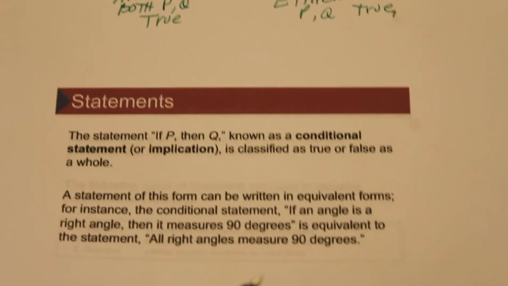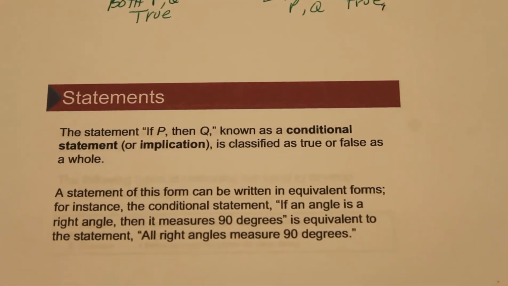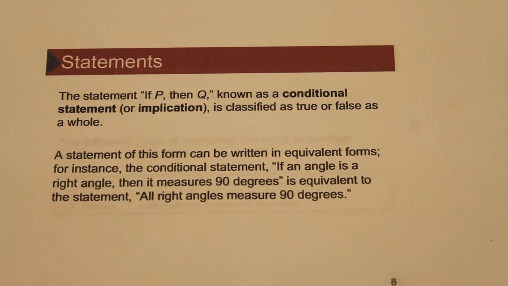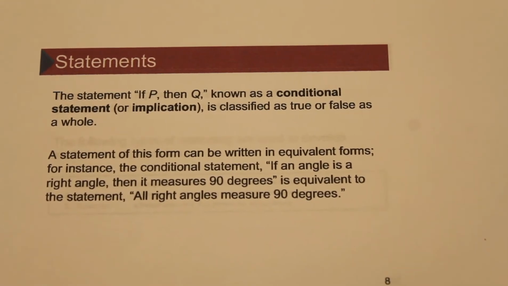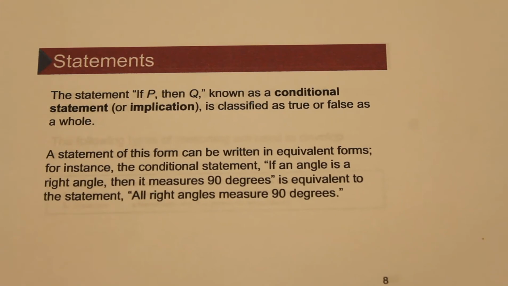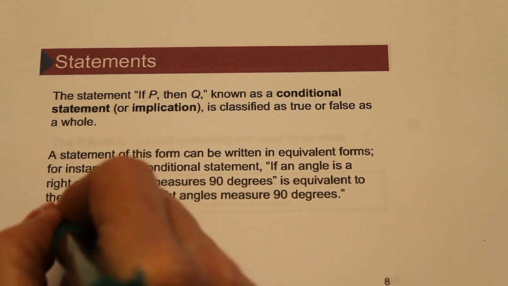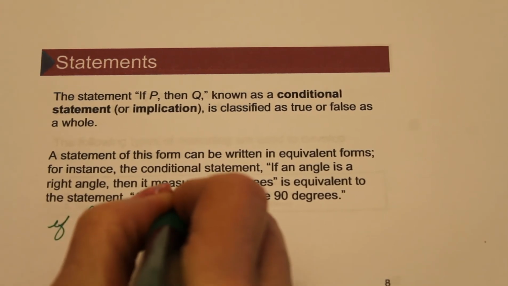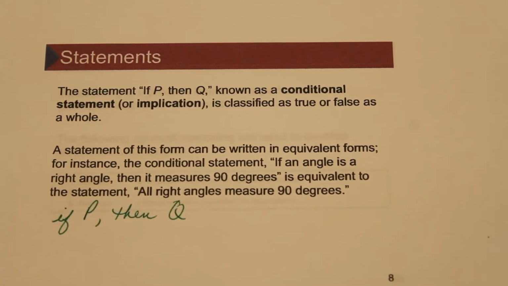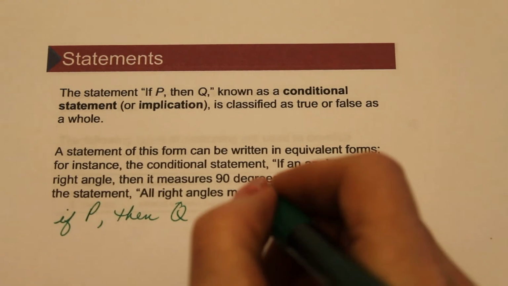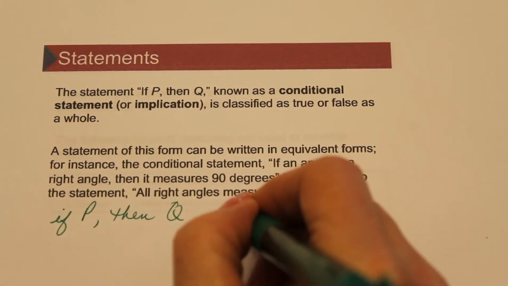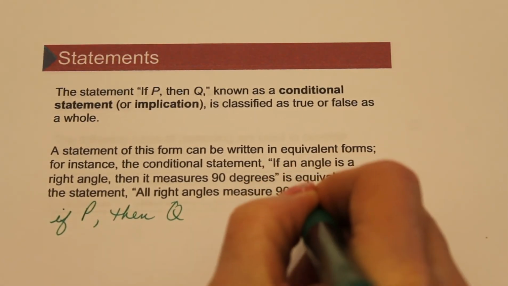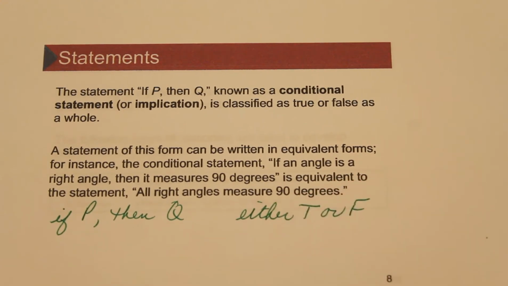So if P, then Q, we're on to a different topic here. This is known as a conditional statement or an implication. So if P is true, then Q is true. That's a conditional statement, and that whole statement is either true or false.